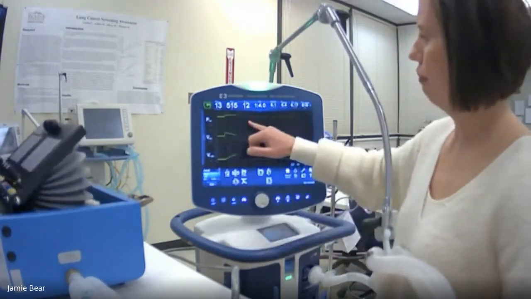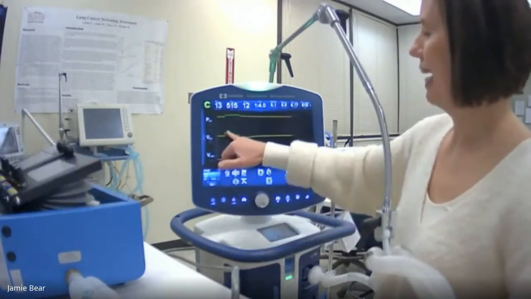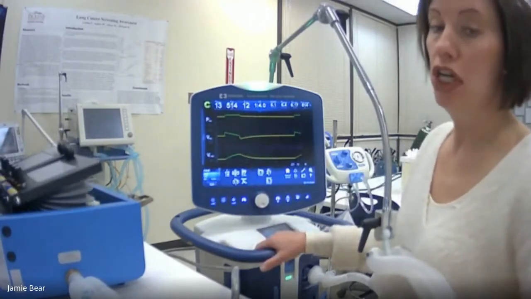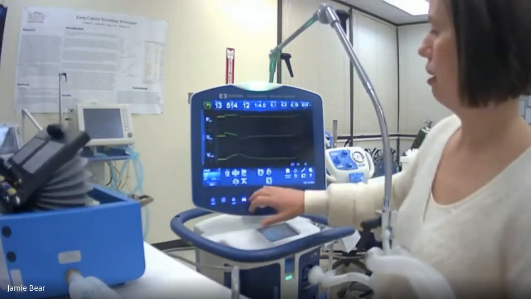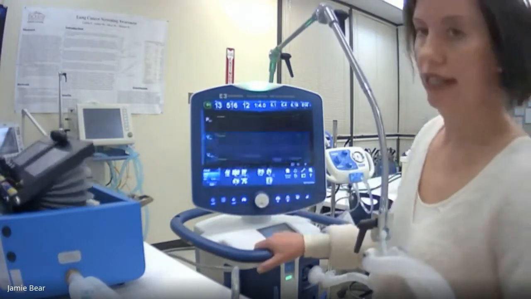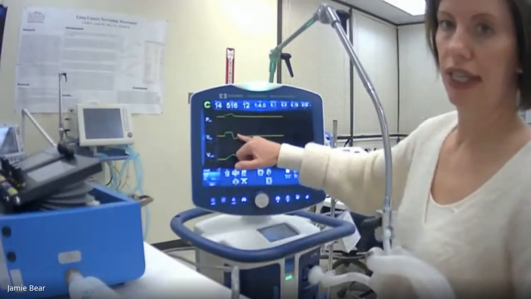So we're looking at our different waveforms. Right here, we see that we are in a decelerating. So generally, when you're in volume control, you're in a constant square waveform. That looks like this. So you'll notice here that there's a constant square.